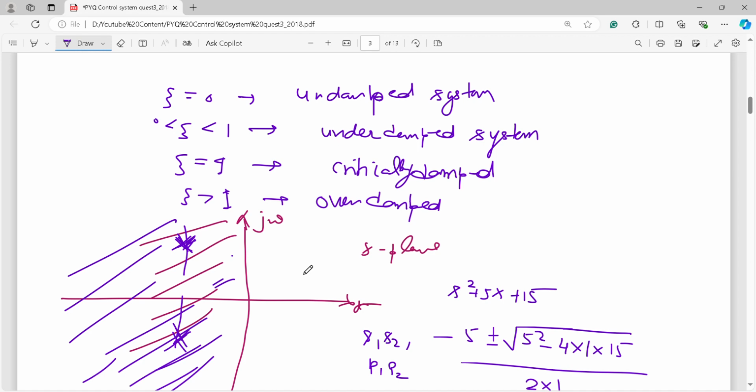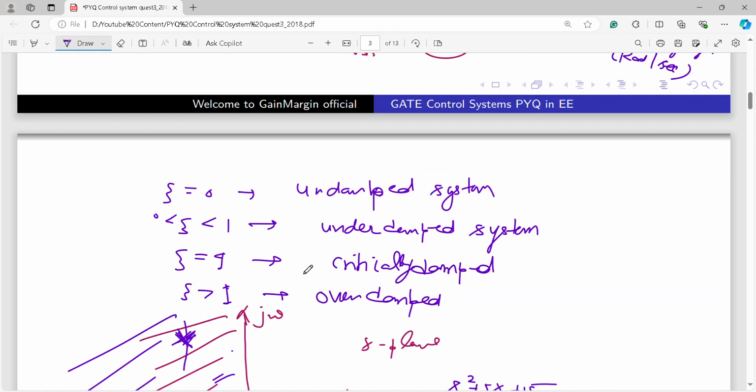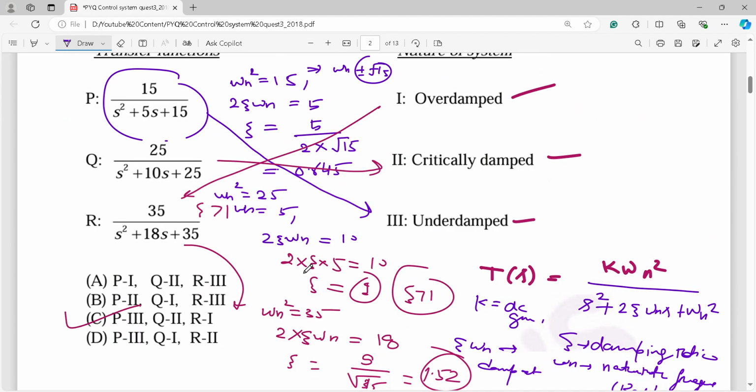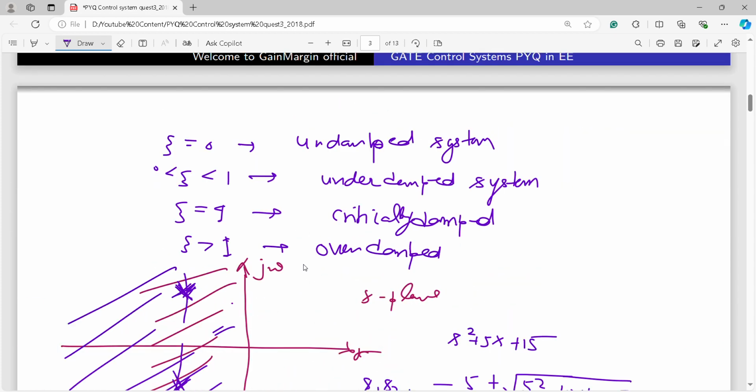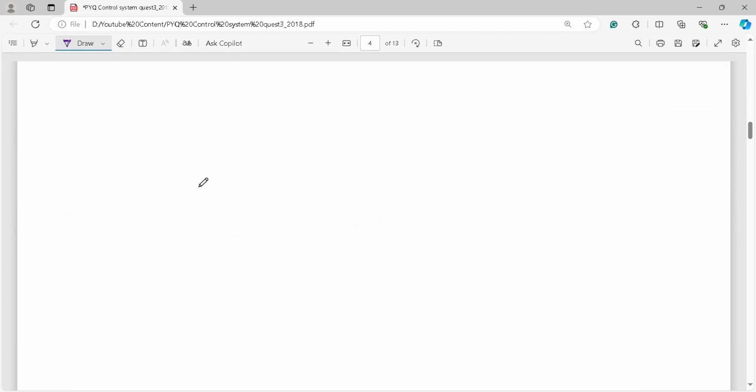And in case of critical damped, poles should be equal and real. Let me calculate here. You can see for a given system, s square plus 10s plus 25.